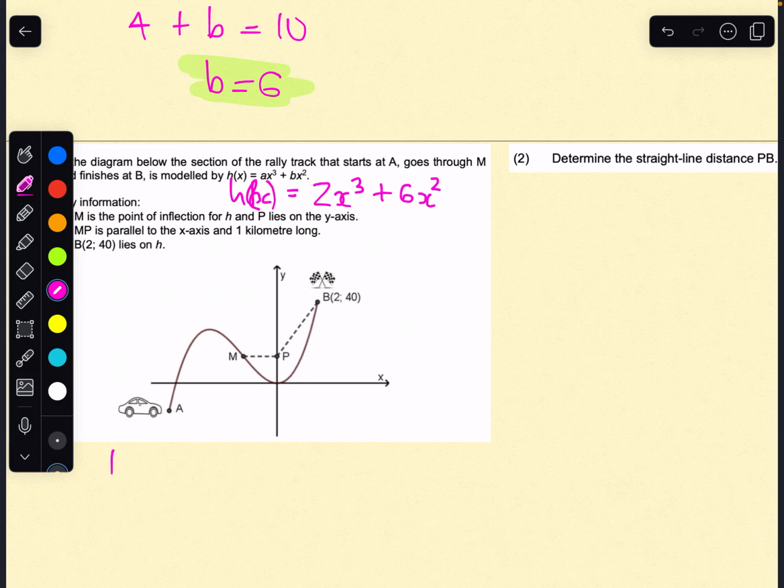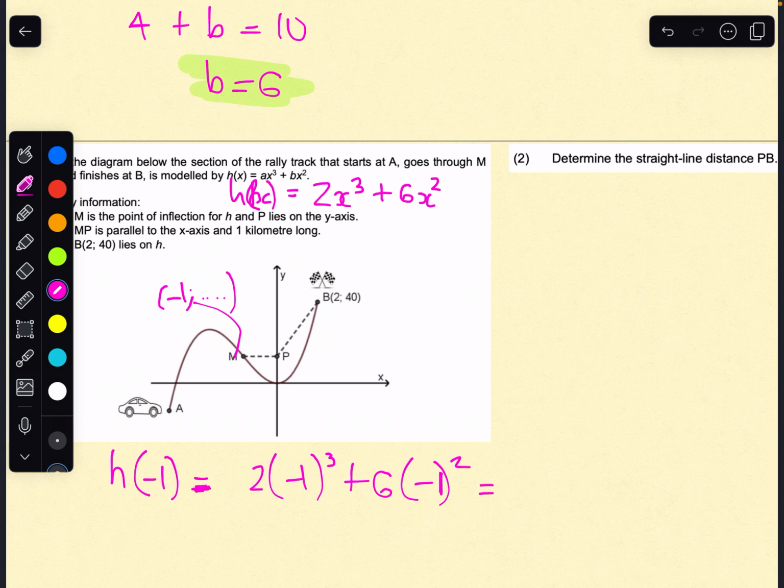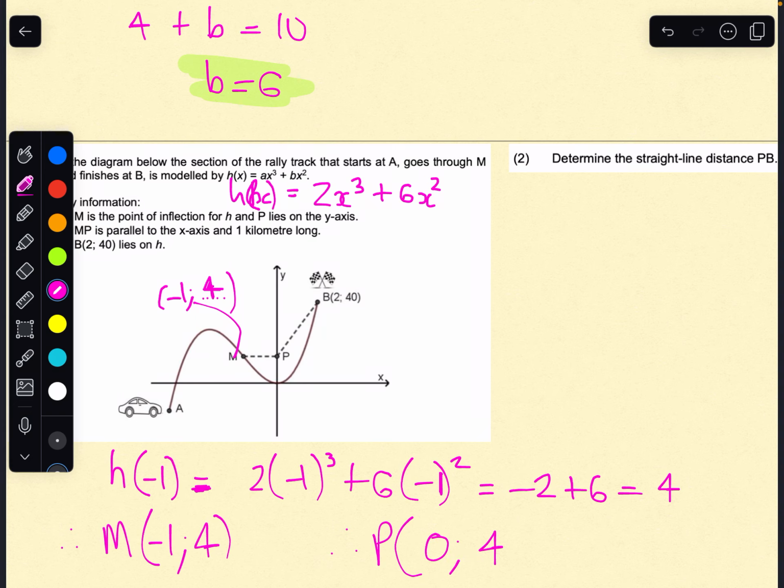So we can work out h of minus 1, because M is minus 1 and something. I'm saying h of minus 1 is equal to 2 times minus 1 cubed plus 6 times minus 1 squared. So that is minus 2 plus 6, which is 4. So this y coordinate is 4, and that means M's coordinates are minus 1 and 4, and therefore P is going to be 0 and 4.